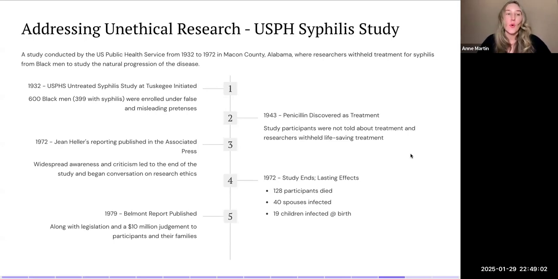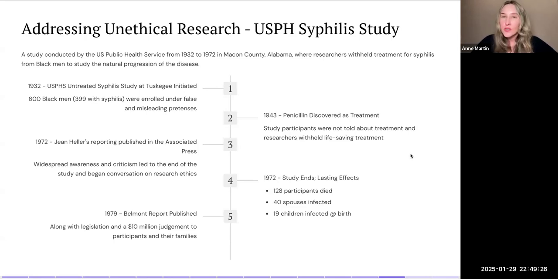So the study enrolled 399 Black men with syphilis, and there was a total of about 600 Black men who were enrolled, about 400 of them who had syphilis at the time of the study, the rest were the control group. But these men, most of them were sharecroppers. This was in rural Alabama, and most of them had very limited access to healthcare.